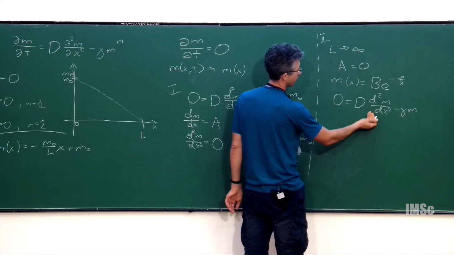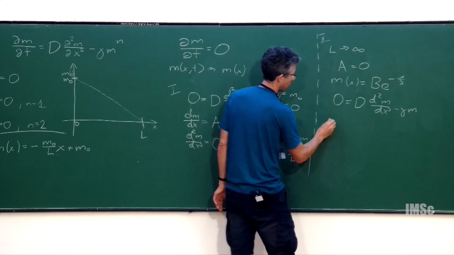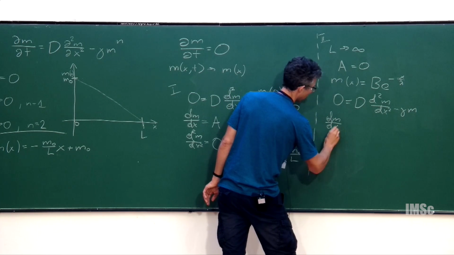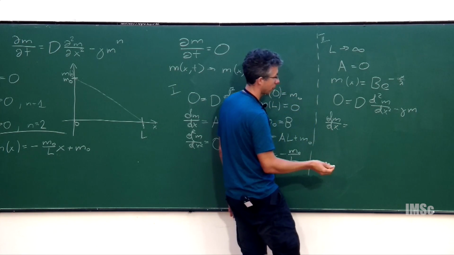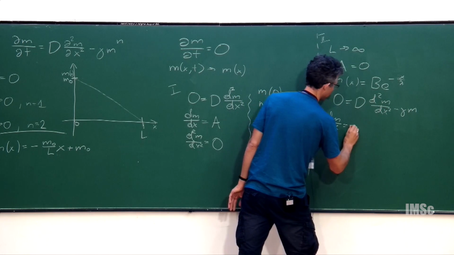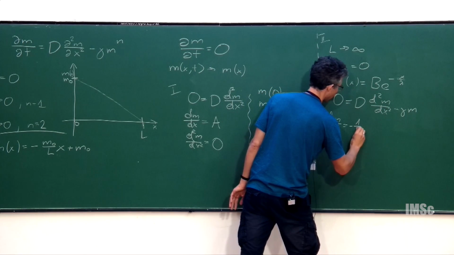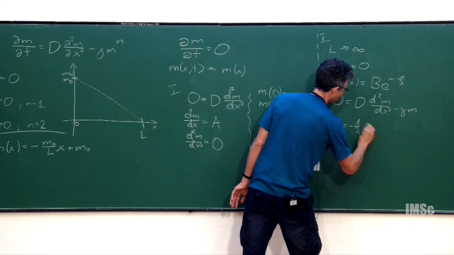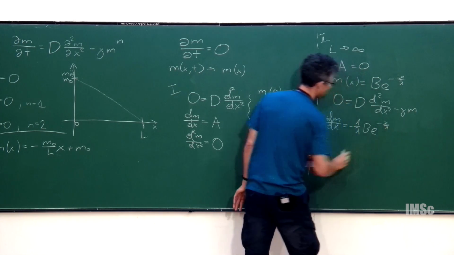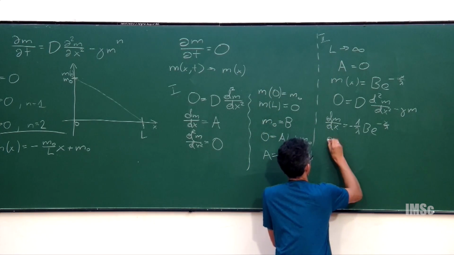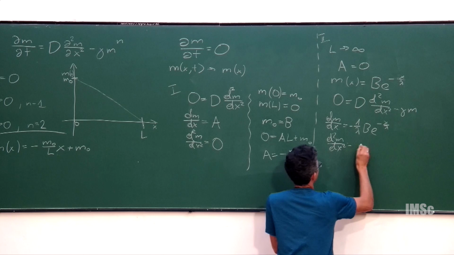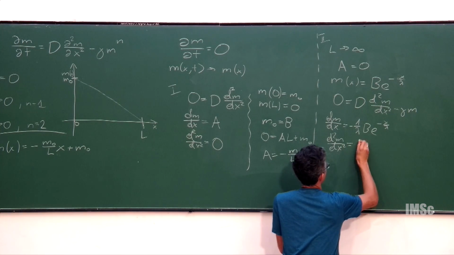And then what I need is the second derivative of that, which is one of the simplest things to do. If you have an exponential function, then the derivative of it, you just take what is in the exponent, beta, and then the second derivative would be just that.